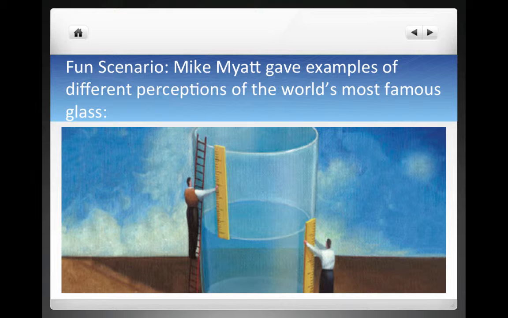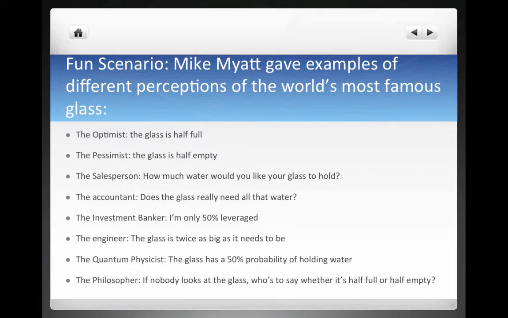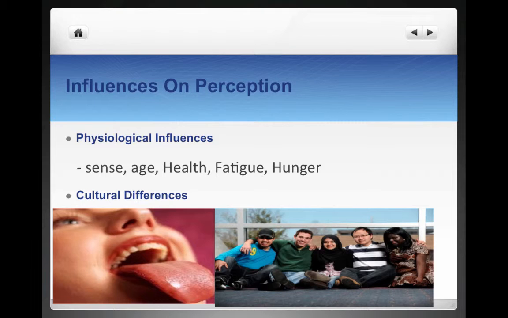Influences on perceptions. How we select, organize, and interpret information is influenced by several factors, including physiological influences. Each of us perceives the world differently because of physiological factors, such as the senses, age, health, fatigue, and hunger.